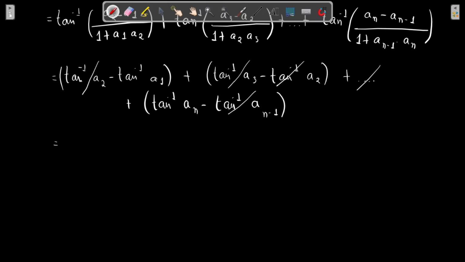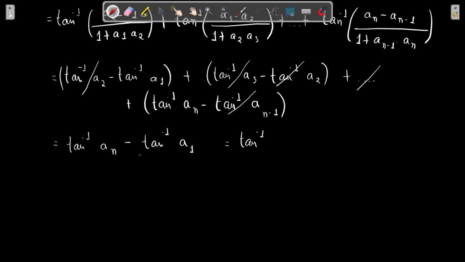So this also will get cancelled out with this one. The only two terms that will be left are the last term, tan⁻¹aₙ, and the first term, tan⁻¹a₁.